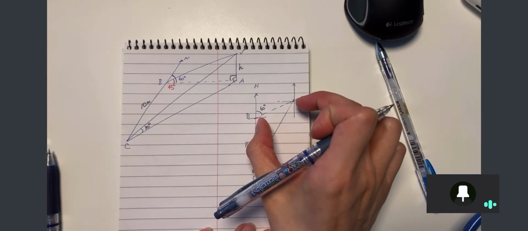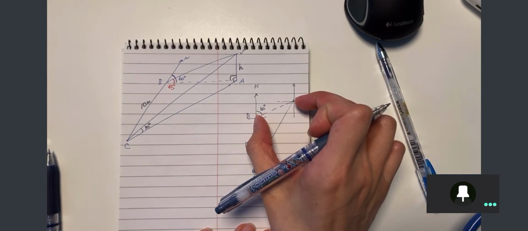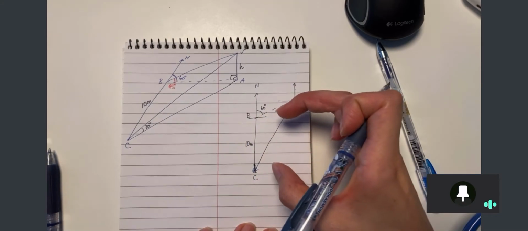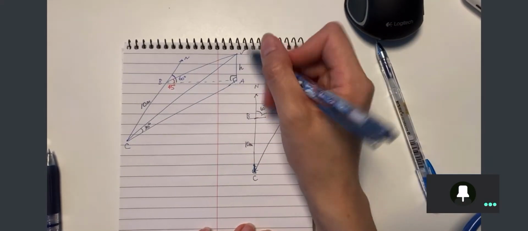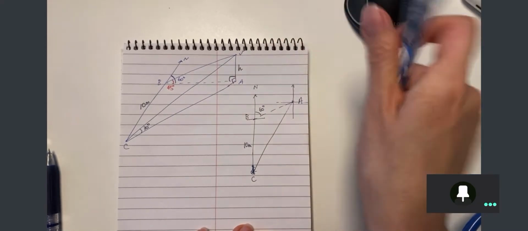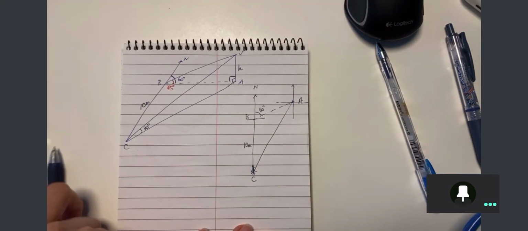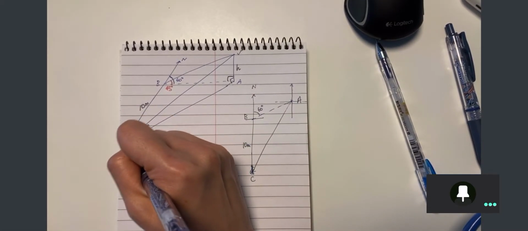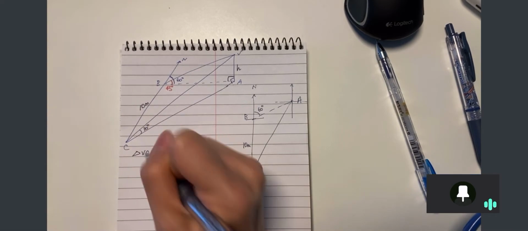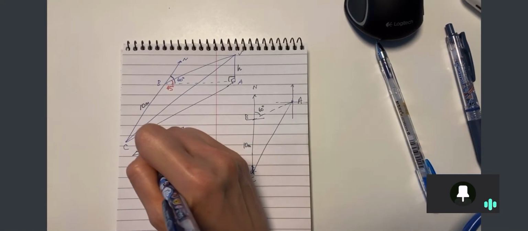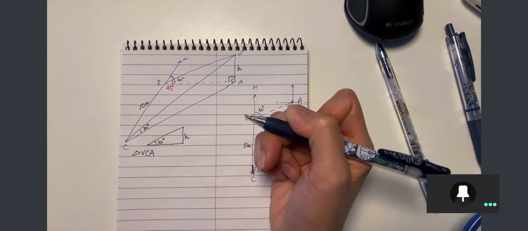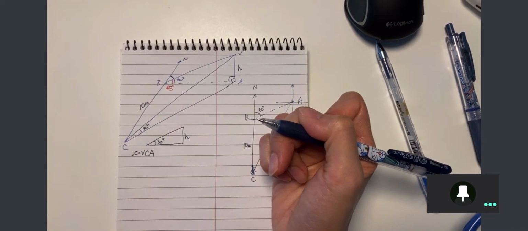And then you can find out AB, and then also find out the H by figuring in this way. Consider the triangle VCA here. You have a 30 degrees here, you have the H here.